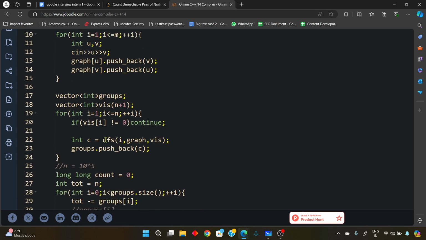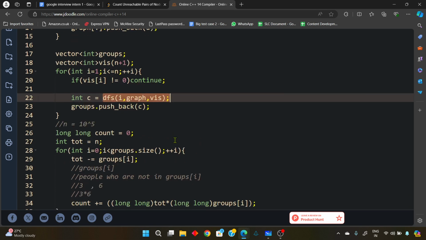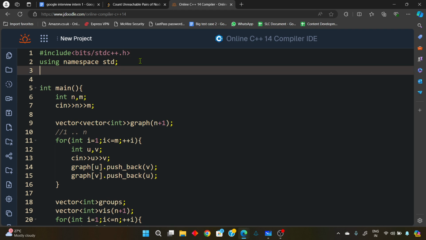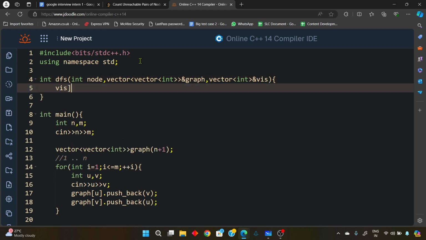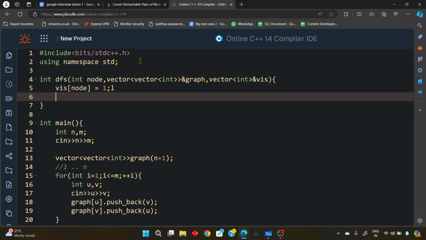Now what we need is to create this DFS function. Okay, this code will be shared with you, even the problem word file of this problem statement. So I want to have this DFS function where I have node, details about my graph and the visited array. Whenever I'm going to any node, the first task is to mark it as visited.